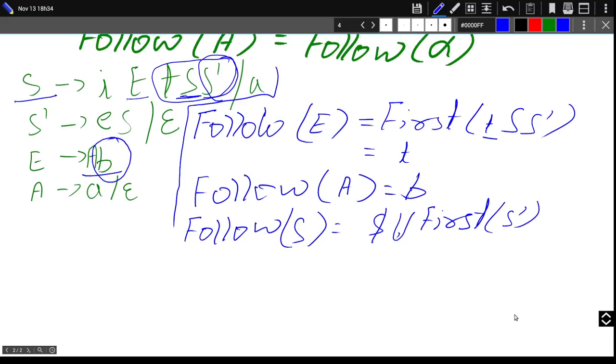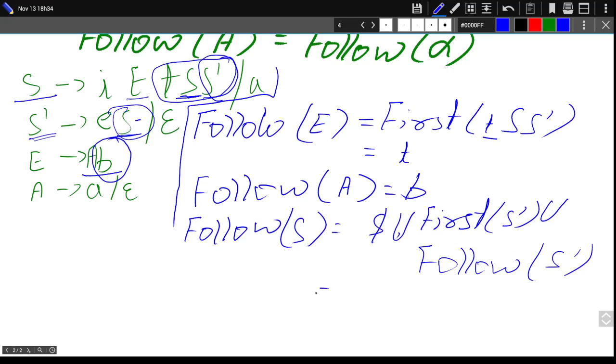Not only that, S is also appearing here, so it is also in follow of S dash. It is the last symbol here, so follow of S dash is also a union.